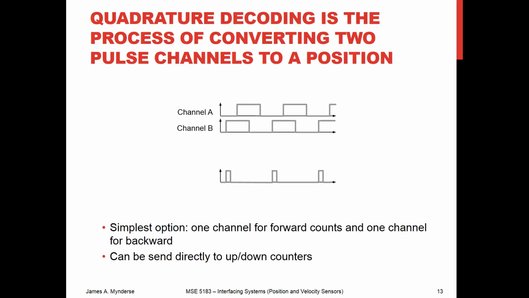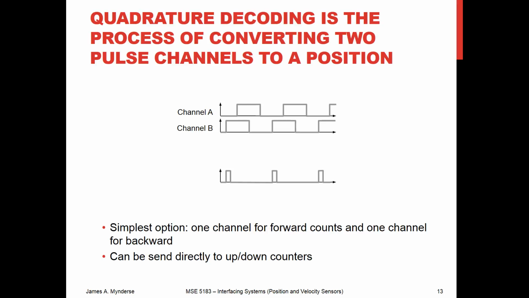So the simplest thing is that you just choose one of these channels to record for forwards and one to record for backwards, and that gives you directionality in addition to speed. And we can send those to our counters, however we're doing our counters, whether it's going to be a ripple counter, whether it's going to be some sort of counting system that we're going to set up. So we can use that for both velocity and for directionality, which is great.